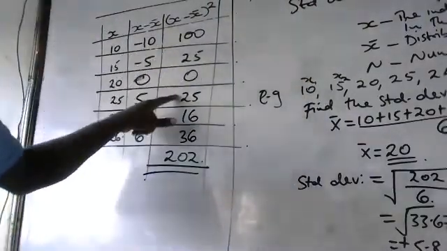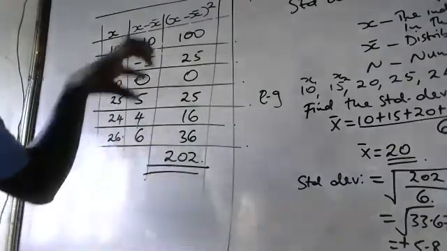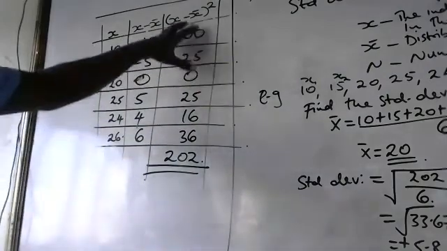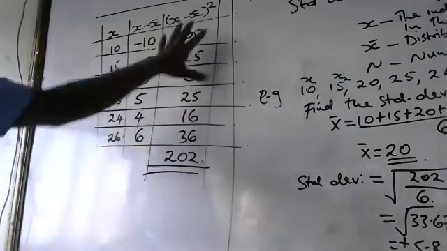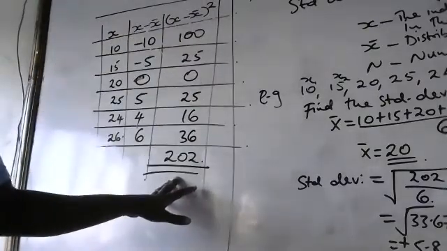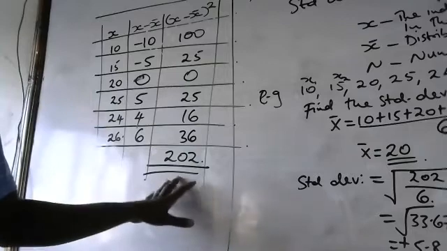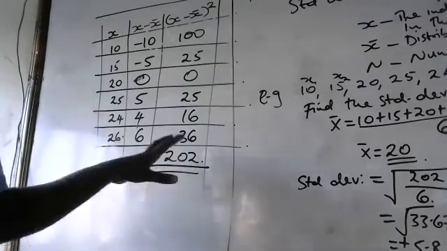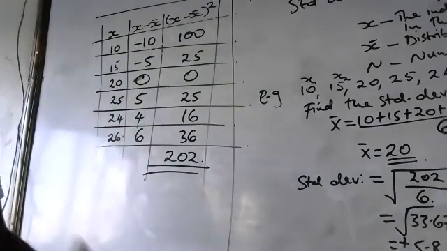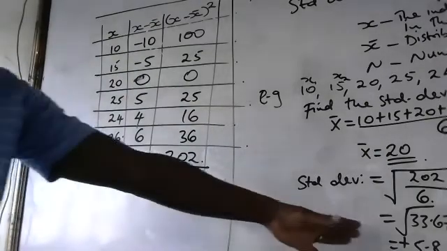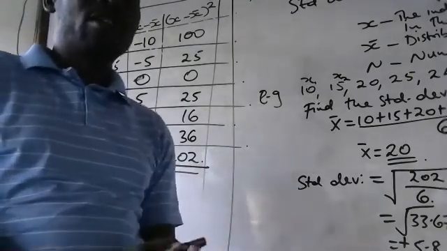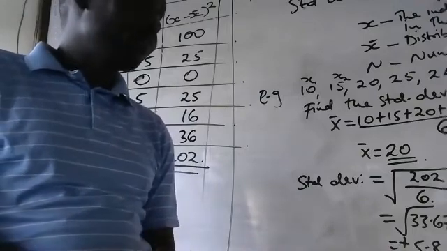All of them will be positive figures, because even if you square a negative, the answer will be positive. You add all those to get the sum of X minus X bar squared. That sum is what you divide by the number of values in that distribution. You take the square root, you get the answer, and that is the end of your discussion for that case.